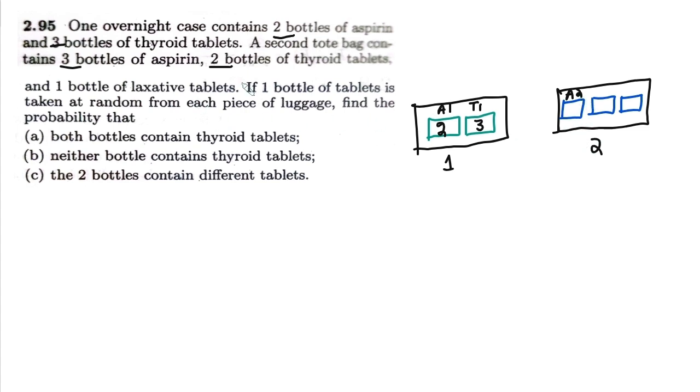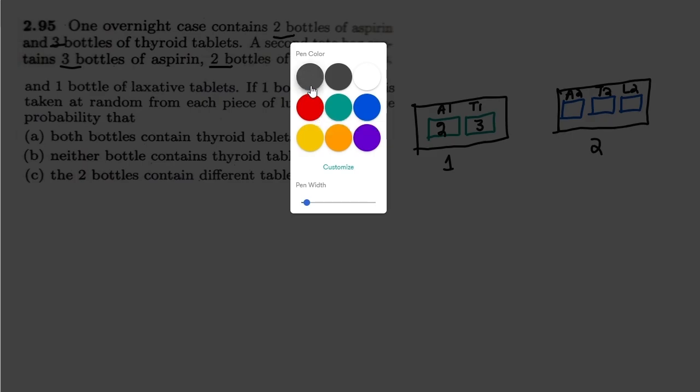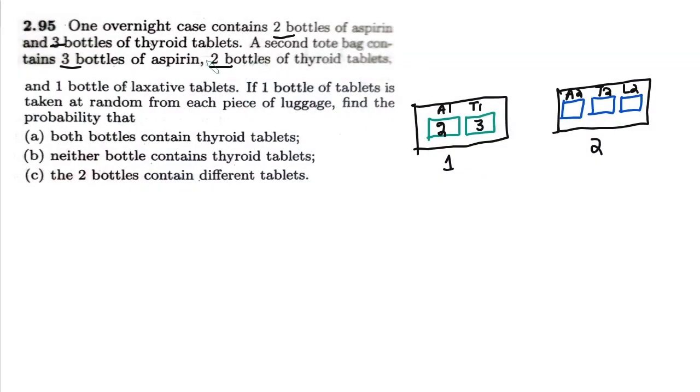Similarly, the thyroid is T2, and the third one is the laxative tablets, so laxative is L2. So how many bottles do we have here? The second bag contains 3 bottles of aspirin, 2 bottles of thyroid tablets, and 1 bottle of laxative.